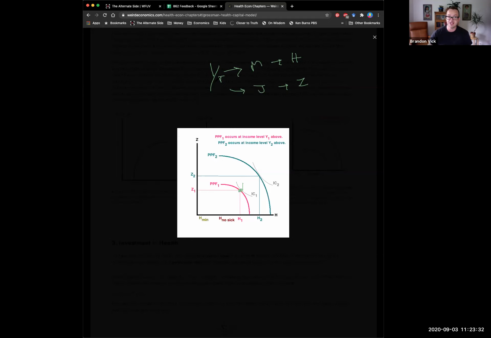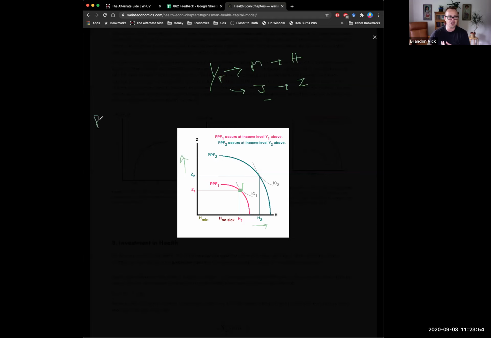When income goes up, it generates this PPF curve, where I can have more M goods, more J goods. I can generate more health and or more Z. What I decide depends on my preferences.